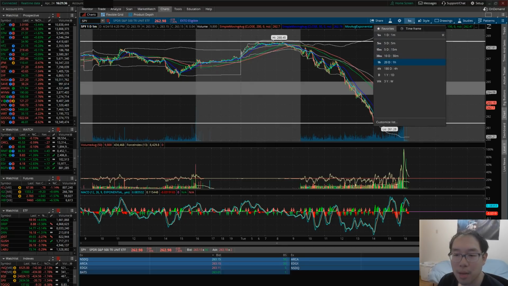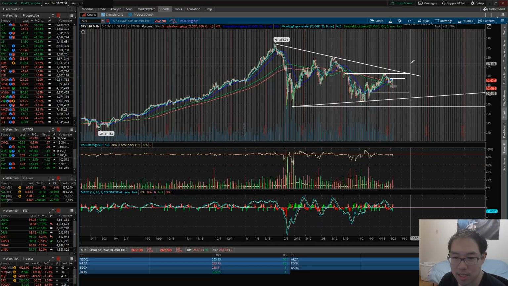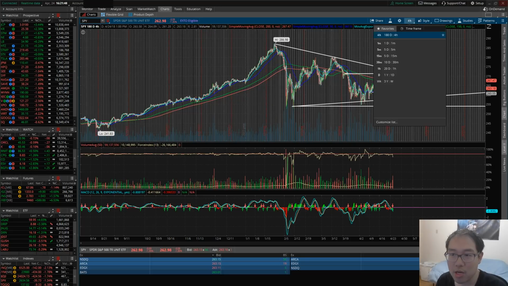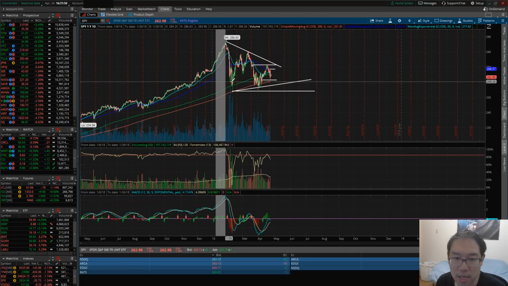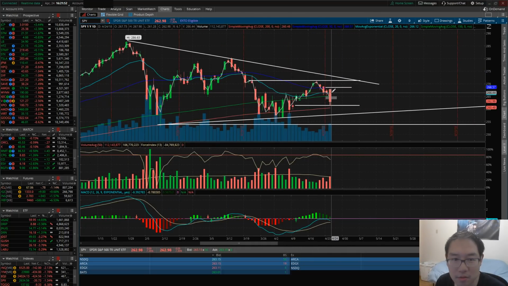So a couple things to keep in mind. You might be asking, are we at the bottom yet? Again, we don't have a confirmation that this is the bottom. Just because we're at the support and we pushed up at the end of the day, you can look at the 1-year chart again and see that this is not a very convincing pattern of a reversal. You can see that we had a lot of consolidation here before we had a reversal.